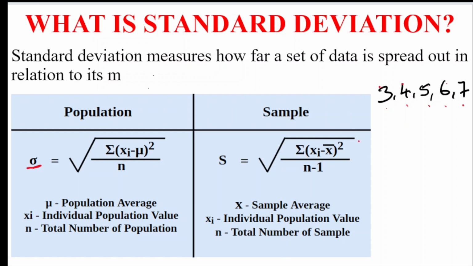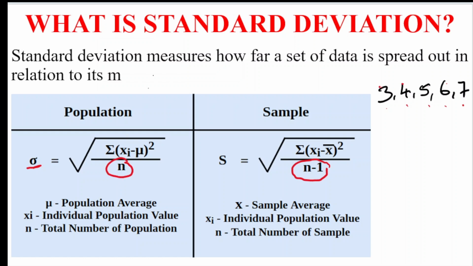And another formula you need to be aware of is sample standard deviation. Both formulas are the same. The only difference in the formulas is this one has n minus 1, and this one has only n.